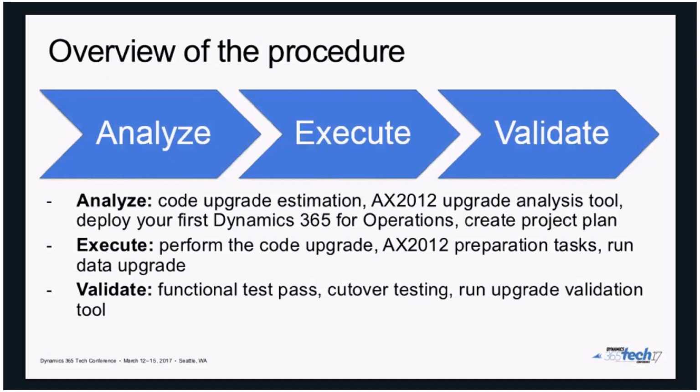First, you need to analyze your current situation. You need to run, first of all, the AX2012 upgrade analysis tool. It's a new tool that's available as a hotfix for you to install on your 2012 environment, and analyze your current situation and see if there is a way you can shrink your current database, how you purge some data, as well as if your current data within your 2012 database is actually good to be upgraded.